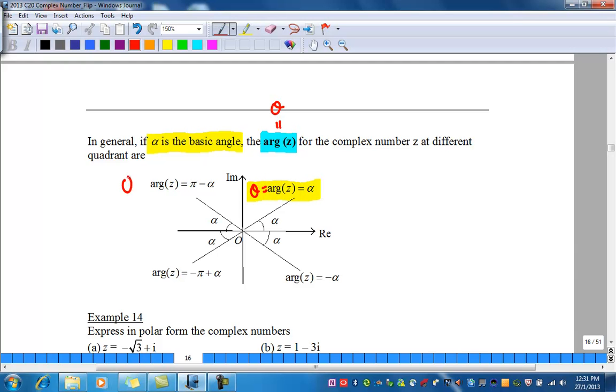Second quadrant, the argument of z is equal to pi minus alpha. Third quadrant, the argument of z will be minus pi plus alpha. And the last quadrant, the argument of z will be minus alpha.